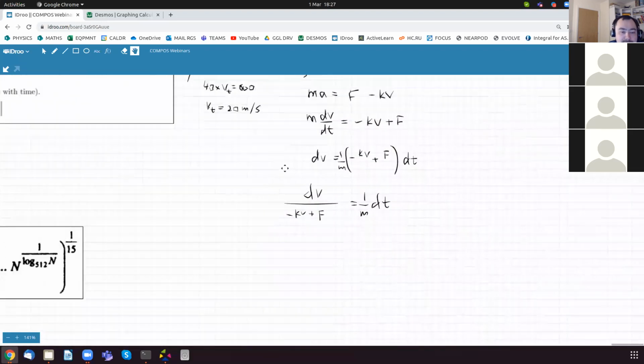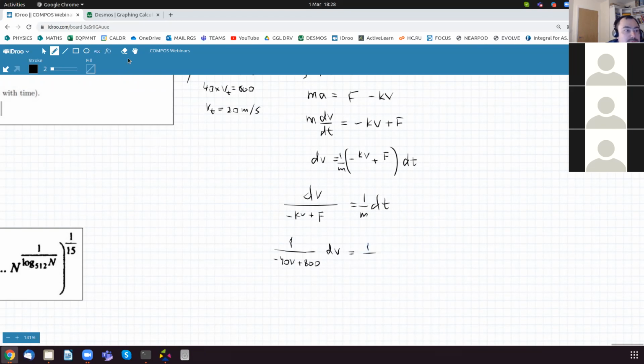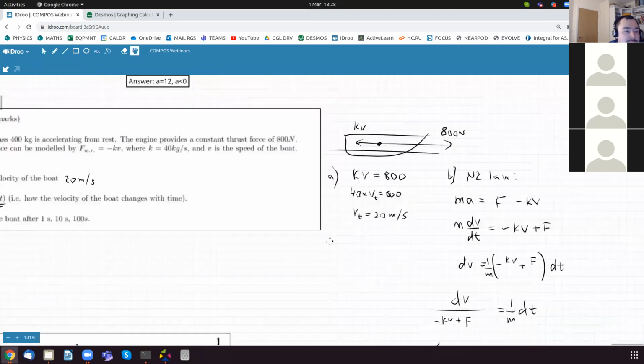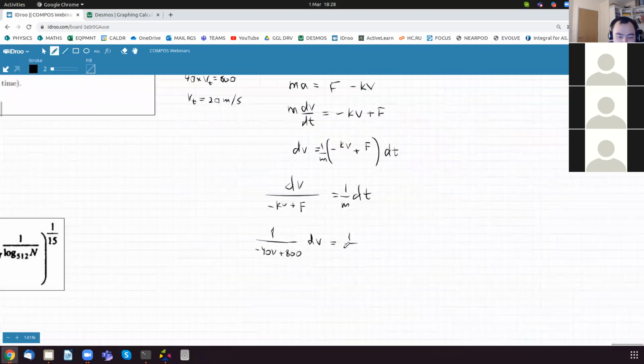So k is 40. So I've got 1 over minus 40 v plus 800 dv equals 1 over m, which is 1 over 400, I believe, 1 over 400 dt.